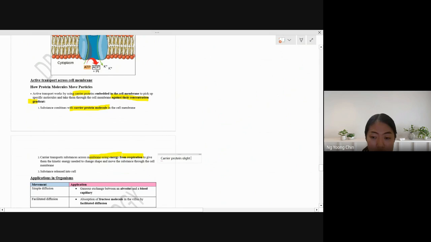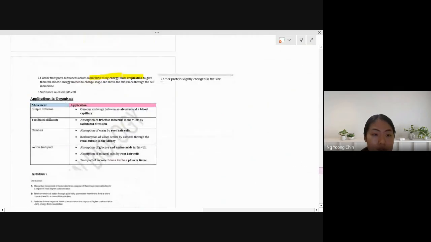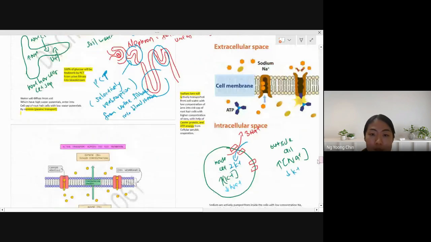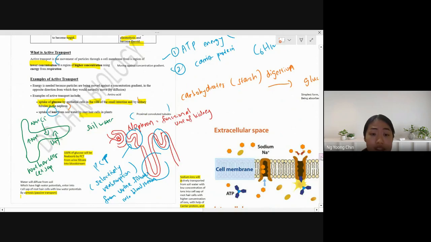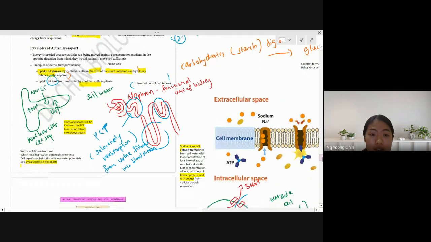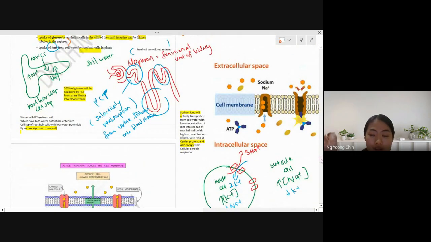So they're able to pump the 3 sodium out and 2 potassium ion in. Generally, that is the information for active transport. The most important thing is you should understand the concept, and you should know which area transports the ion to which area.